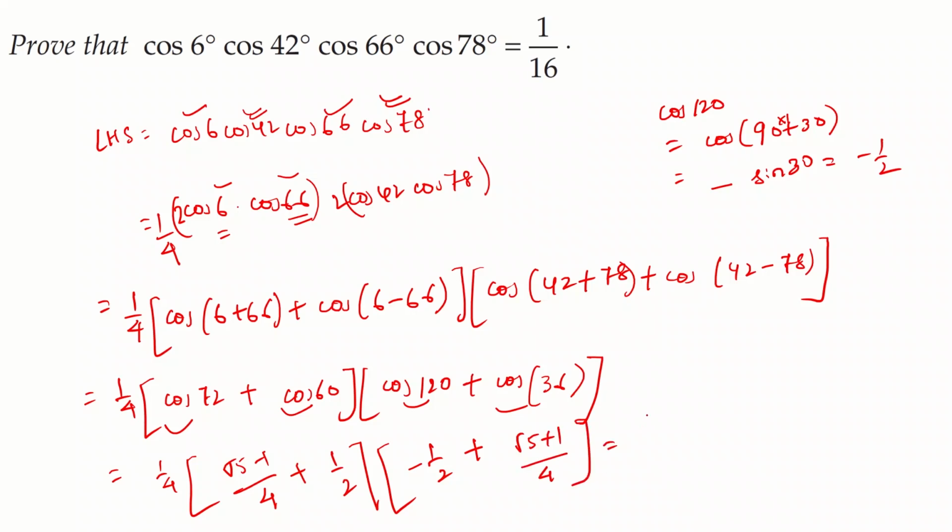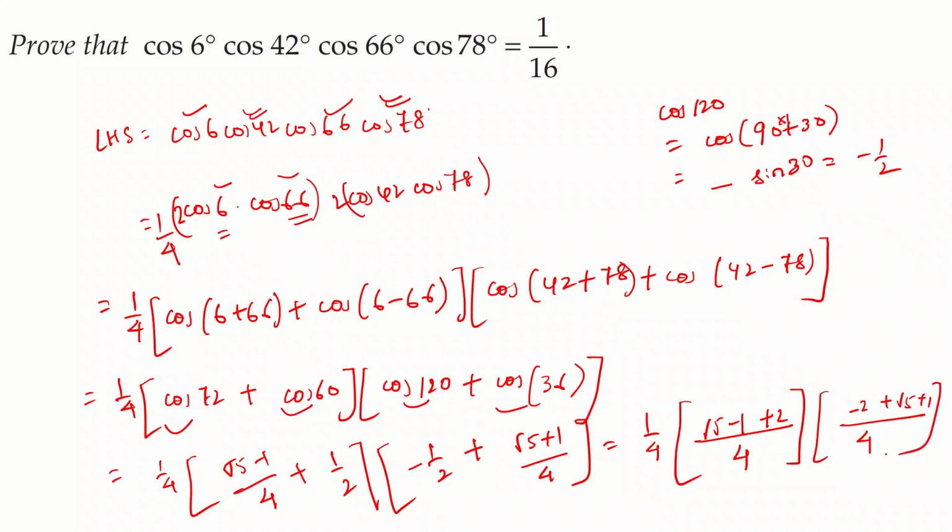Okay, so 1 by 4 you keep as it is, and then in the first term, you can take 4 as the LCM, root 5 minus 1 plus 2, and then similarly 4 as the LCM, so minus 2 plus root 5 plus 1.